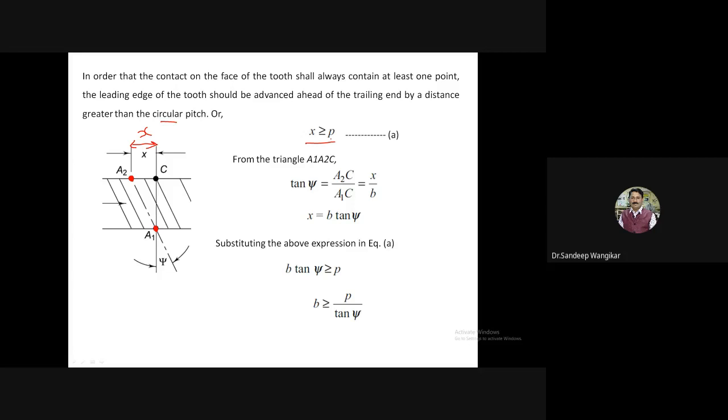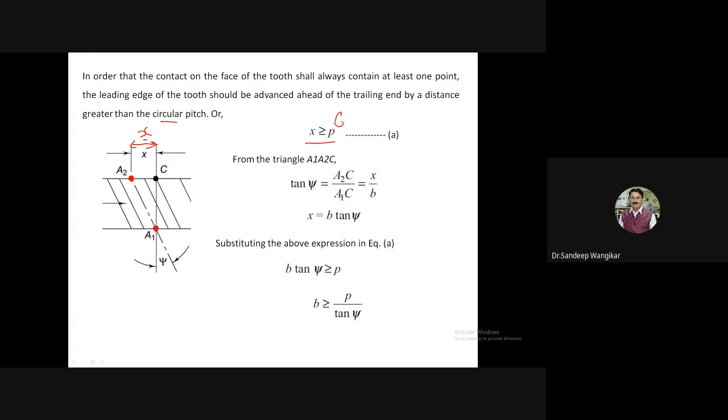So in order to have continuous contact, there should always be at least one point in contact. For achieving the condition that at least one point is in contact, the leading edge should be advanced, meaning the point A1 should be ahead of the point A2 by x, and by how much distance? Greater than or equal to the circular pitch P. So this is mentioned here.